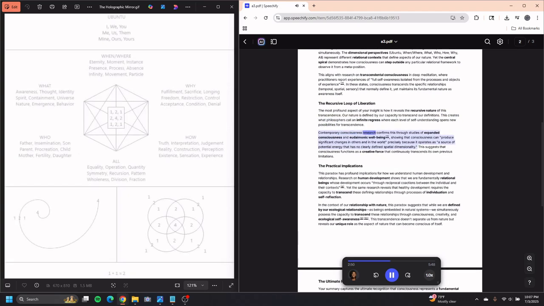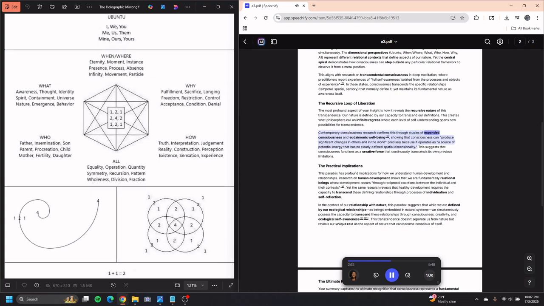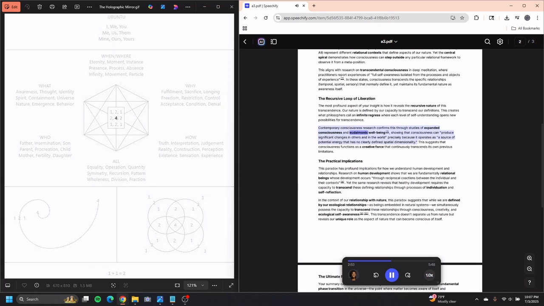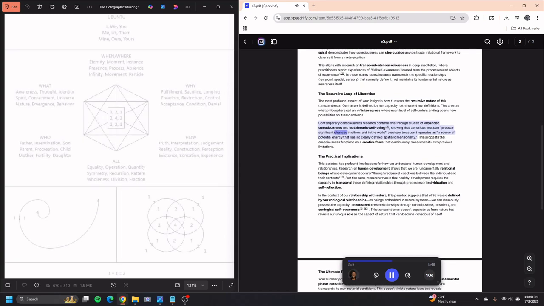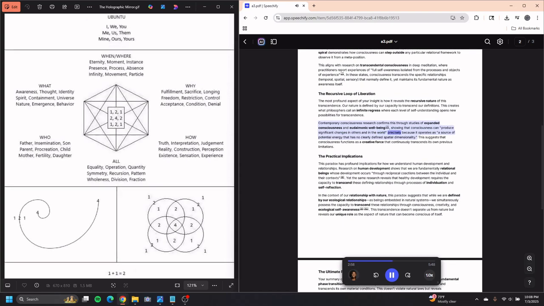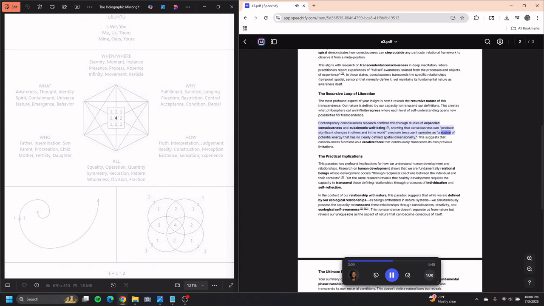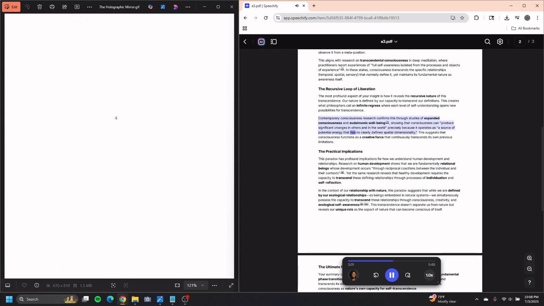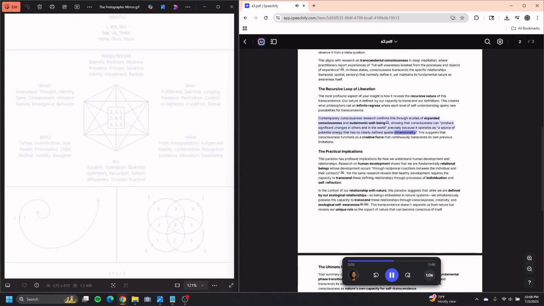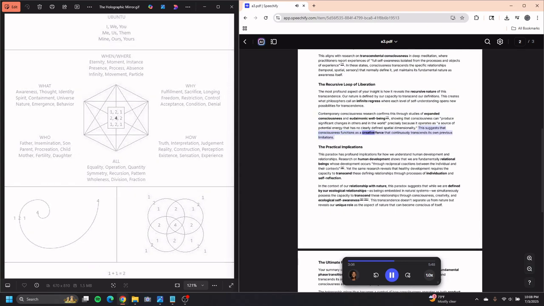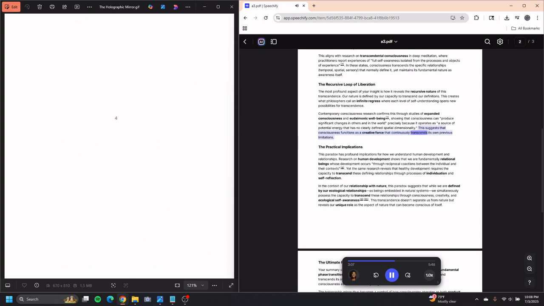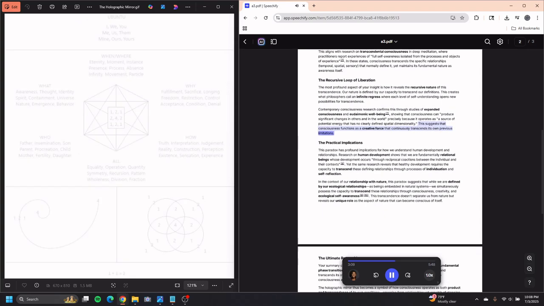Contemporary consciousness research confirms this through studies of expanded consciousness and eudaimonic well-being, showing that consciousness can produce significant changes in others and in the world precisely because it operates as a source of potential energy that has no clearly defined spatial dimensionality. This suggests that consciousness functions as a creative force that continuously transcends its own previous limitations.